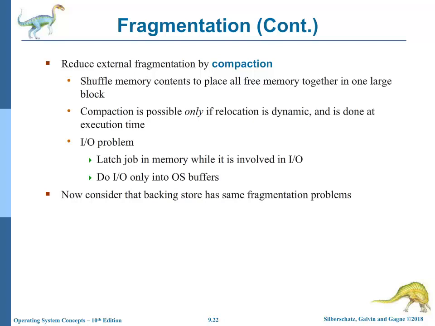This only involves updating the relocation register for each process, as all internal work is done using logical addresses. Another solution, as we will see in upcoming sections, is to allow processes to use non-contiguous blocks of physical memory with a separate relocation register for each block.